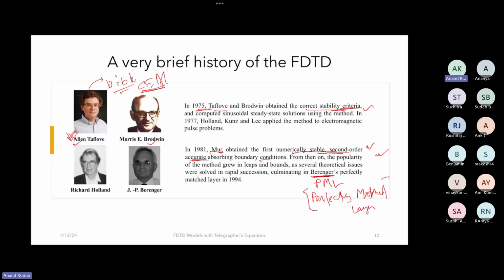PML is very important if you're solving 2D and 3D problems. Up to 2D, you can use Mur's boundary condition, but for 3D, I recommend you learn PML and implement it, because the amount of reflections in the 3D case is much higher.